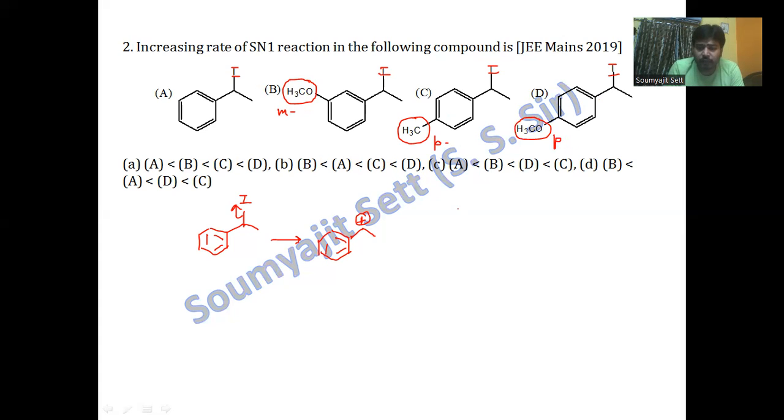Now let's see what kind of effects they have. We know OCH3 has plus R and minus I. CH3 has plus I and hyperconjugation.